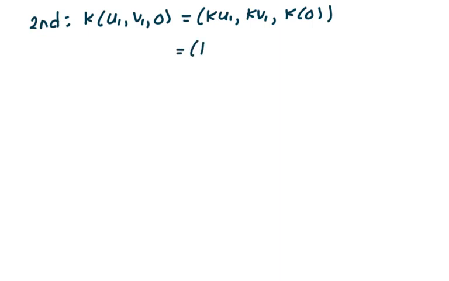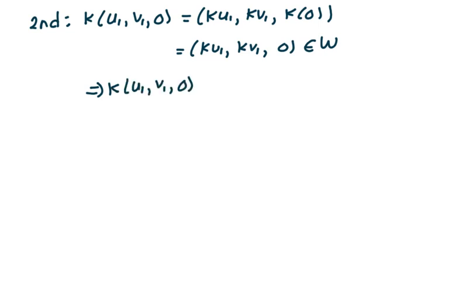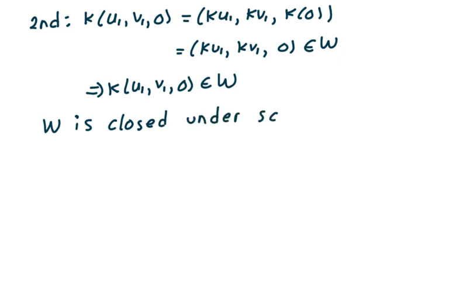But this is the vector (ku1, kv1, 0), which belongs to W. And so that implies k times (u1, v1, 0) belongs to W, and W is closed under scalar multiplication.